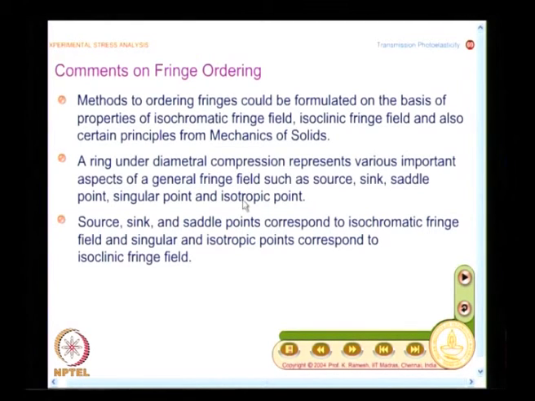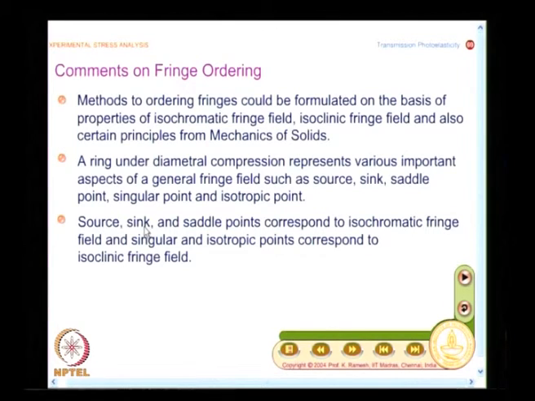When I understand all these features that serve as guide points for me to order the fringes, that is what is very important. And these points could be classified, certain belonging to isochromatics and certain group belonging to isoclinics. Source, sink and saddle points correspond to isochromatic fringe field, singular and isotropic points correspond to isoclinic fringe field.